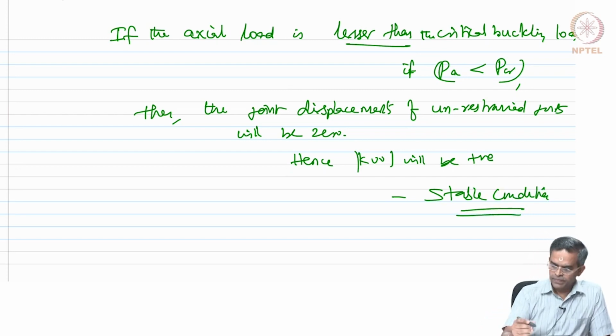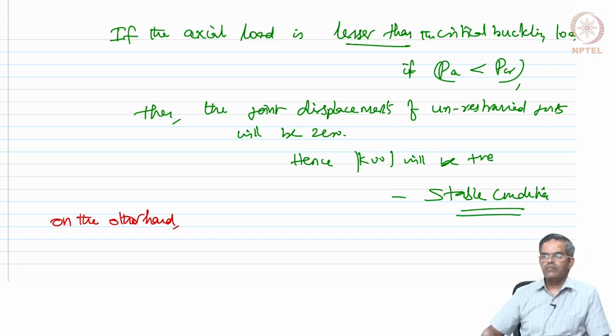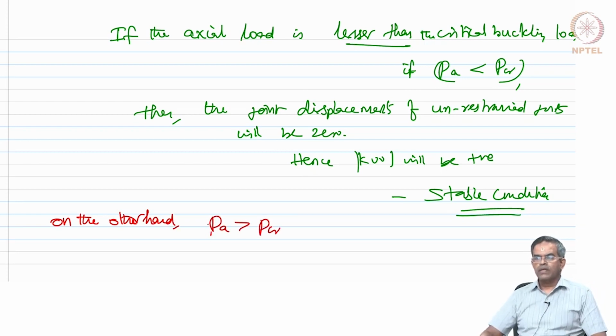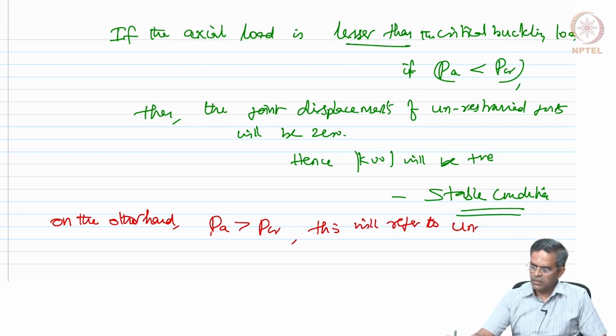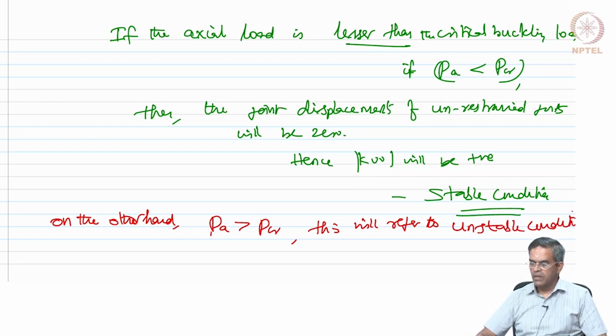On the other hand, if the applied load exceeds buckling load, critical buckling load, this will refer to unstable condition, because we already said buckling is a mode of consequence of instability.